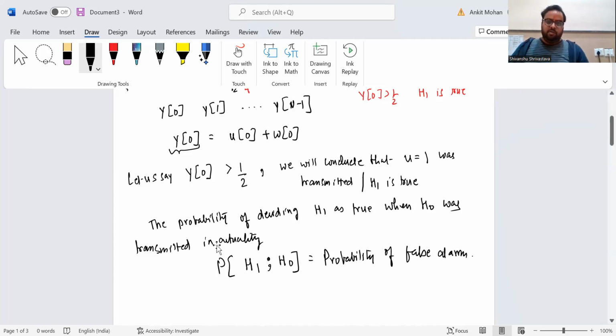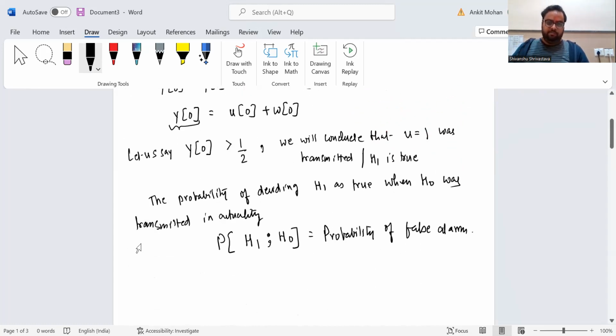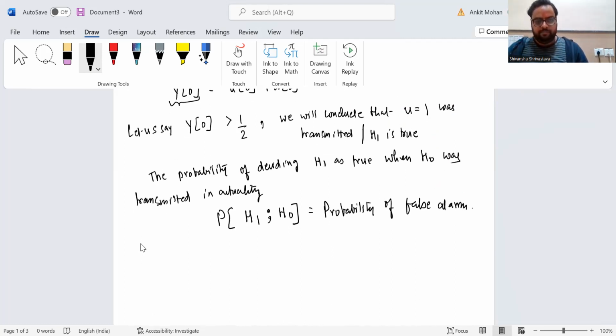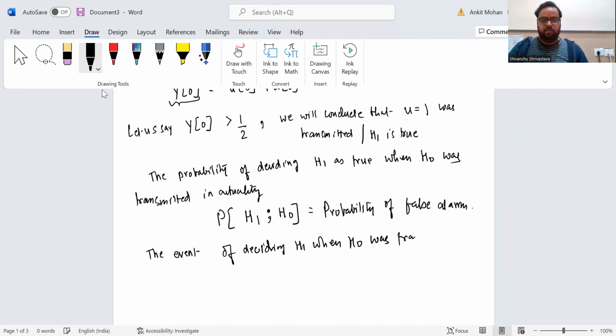On the other hand, the event of deciding H1 when H0 was transmitted is called type 1 error.